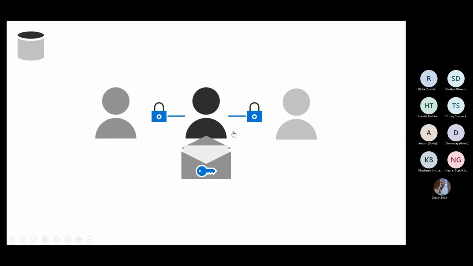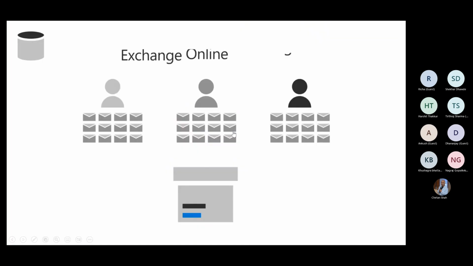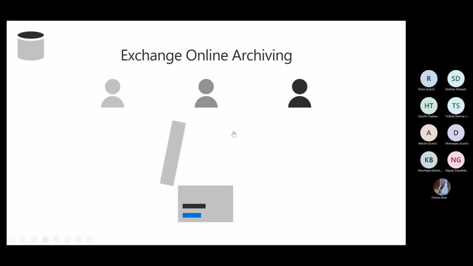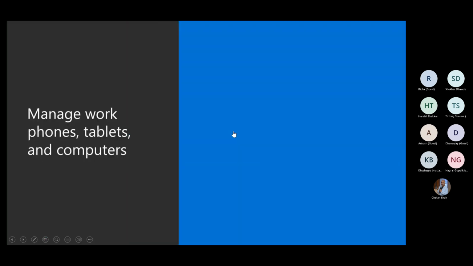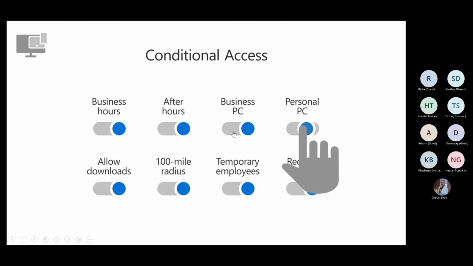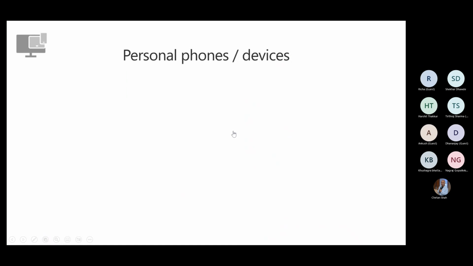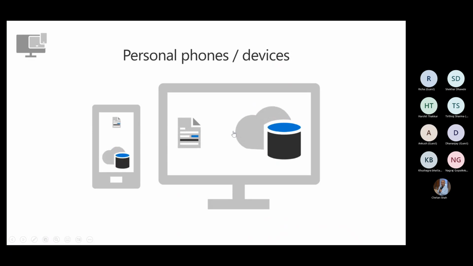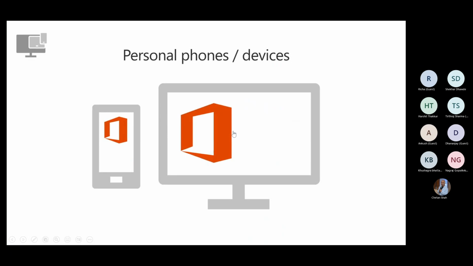recipients you didn't choose. Use Exchange Online archiving to retain your employees' emails in case they leave or if they're needed for legal purposes. Use conditional access to restrict how and when employees can access business files and apps. For your users' personal phones and devices, you can require a passcode, restrict moving company email, files, and data to personal apps and storage, and remove company data from Office apps.